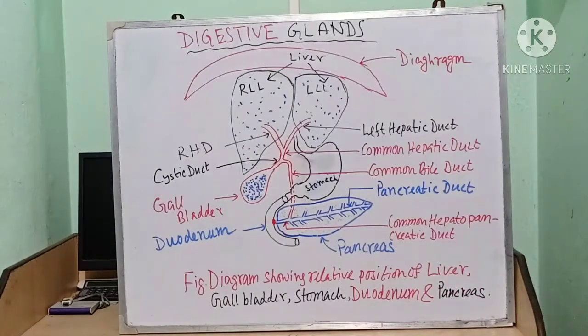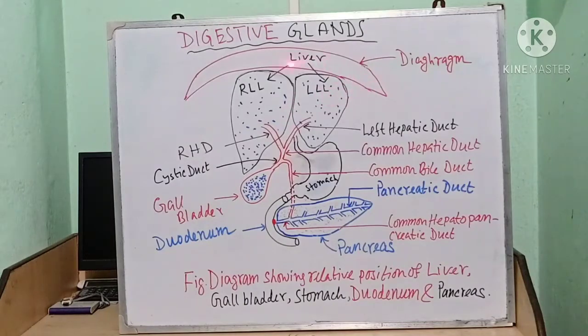Now, liver. This is a liver, human liver. It is reddish brown in color and situated in the upper abdominal cavity below the diaphragm.